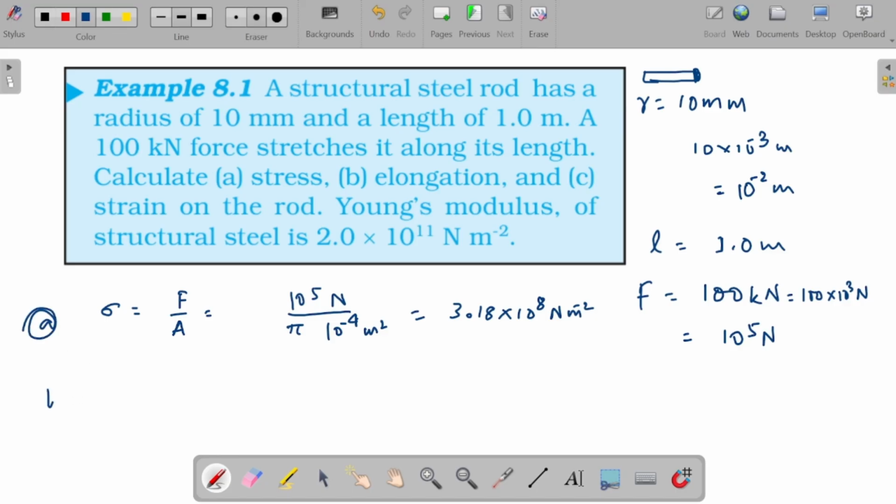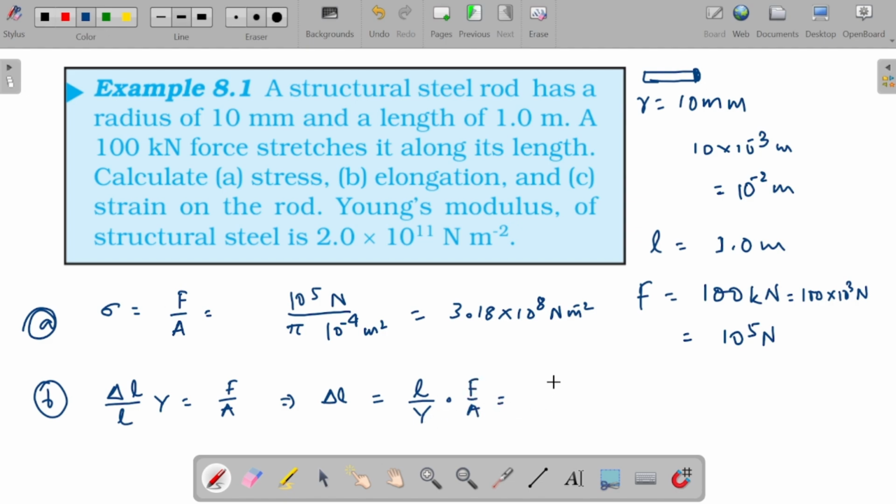So this is one. Now, what about elongation? Young's modulus is given here. Delta L by L is strain, and strain times Young's modulus should be stress, which is force per unit area, which we have just obtained. So delta L should be L by Y into force by area.